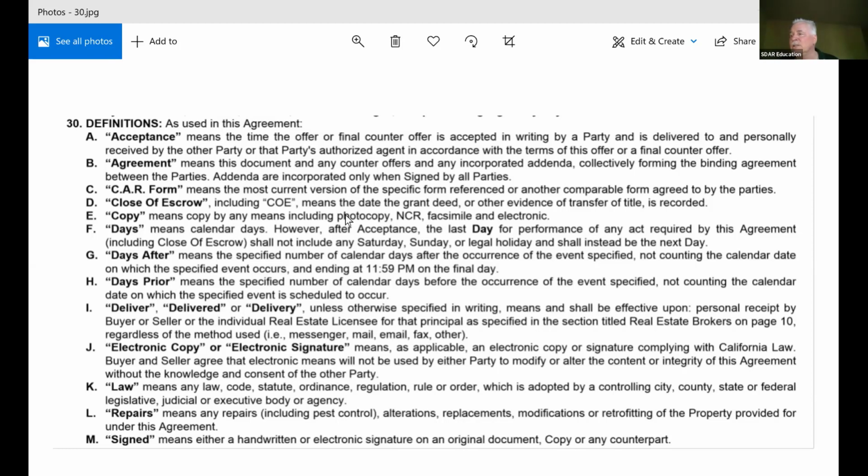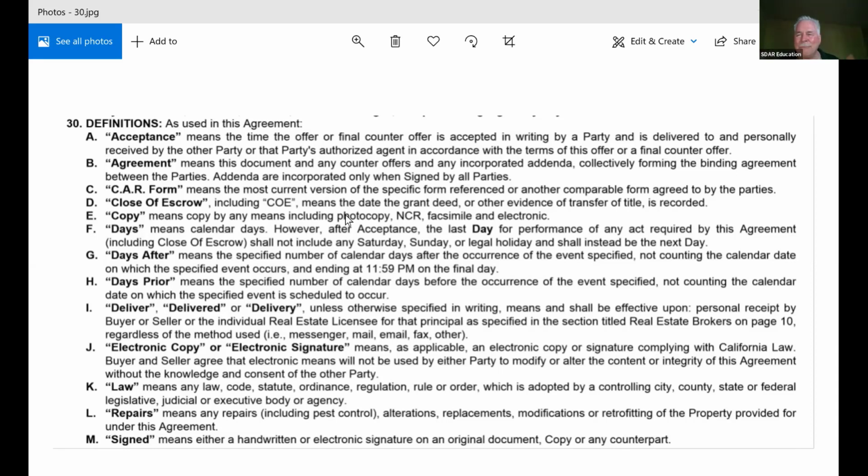So I sent an email to Neil Kalen. I have a lot of respect for Neil. He's one of the CAR staff attorneys, and he wrote me back a really great response. I said, how come that says next day and doesn't say the next business day? And you know what? It was actually addressed by legislation. So it was pages long, and I just think he's gifted, right? I printed it.